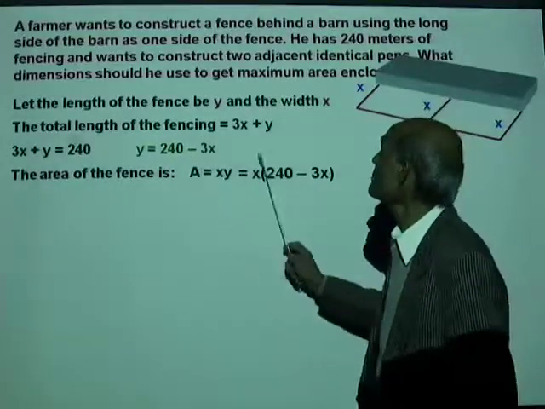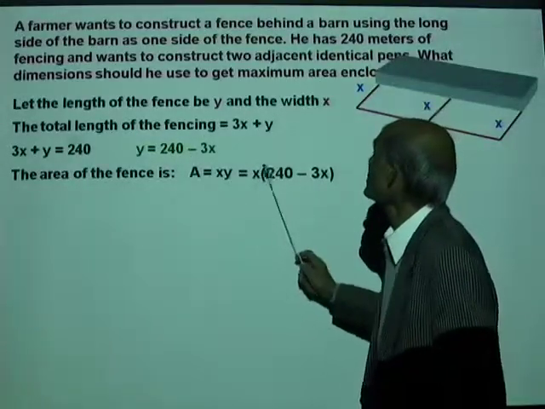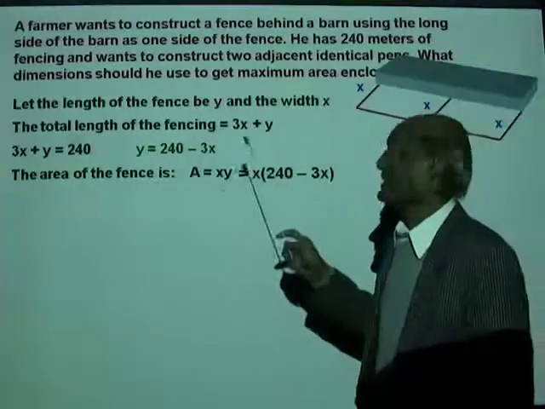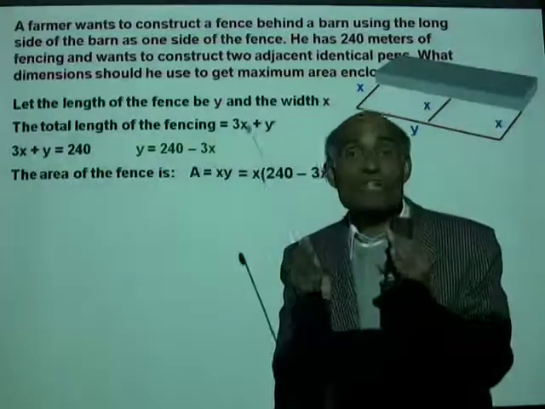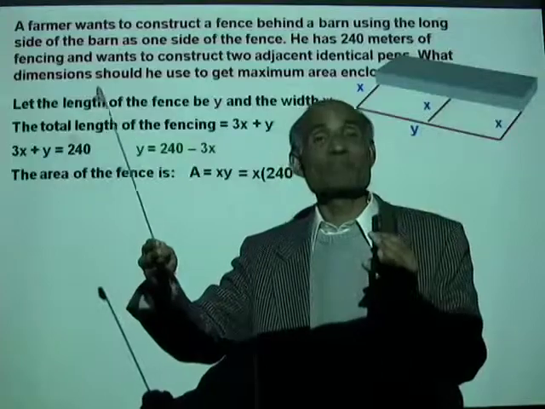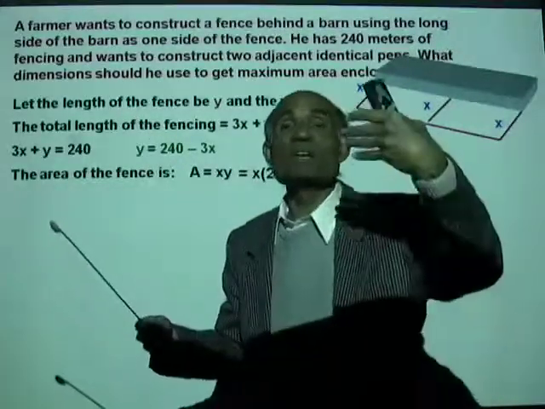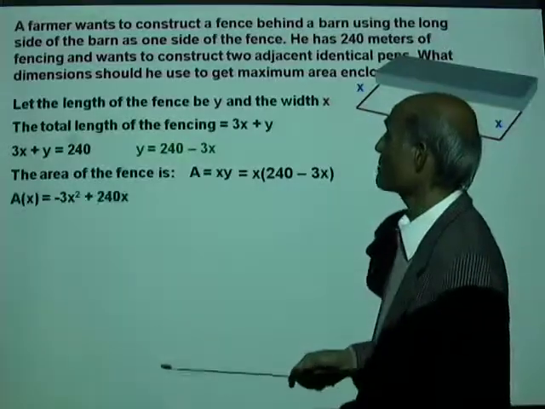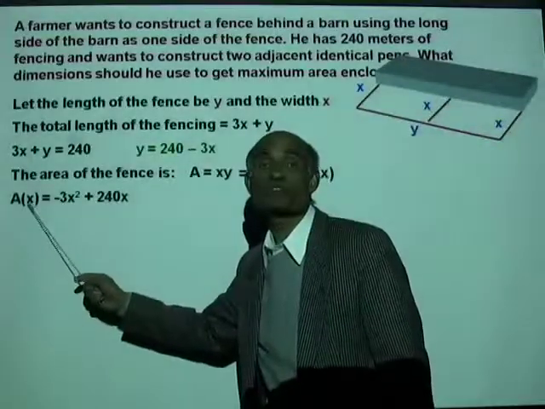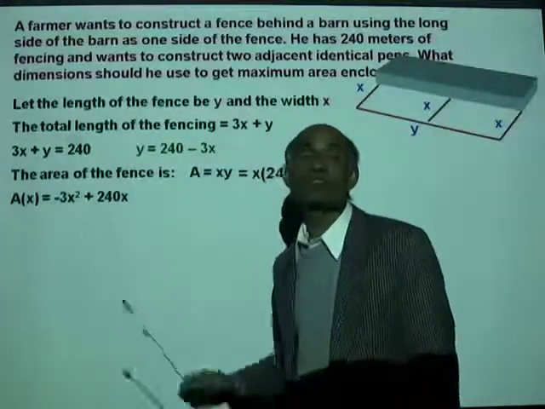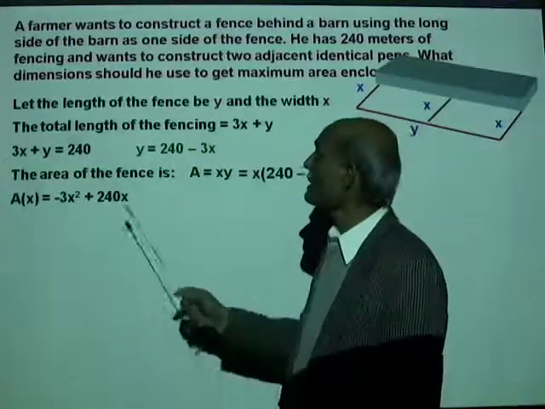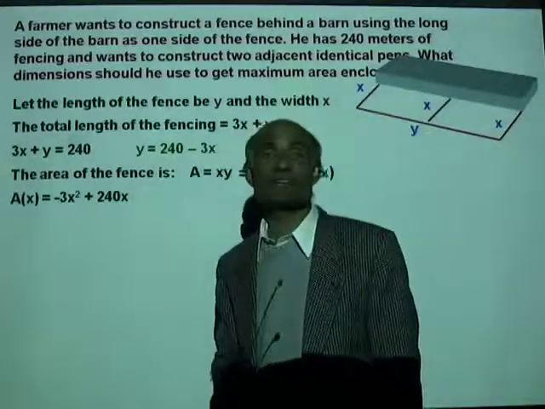So we have A equal to x times 240 minus 3x. Now we've got area as a function of x. And now we are able to obtain the maximum conditions and apply it. So look at the way I write the function now. A of x equal to negative 3x squared plus 240x.